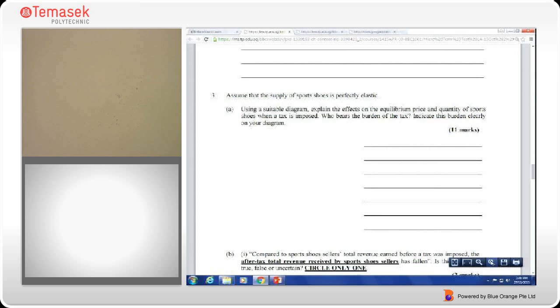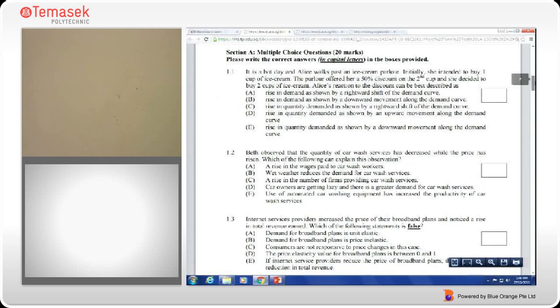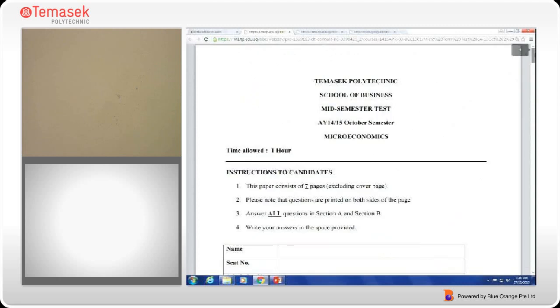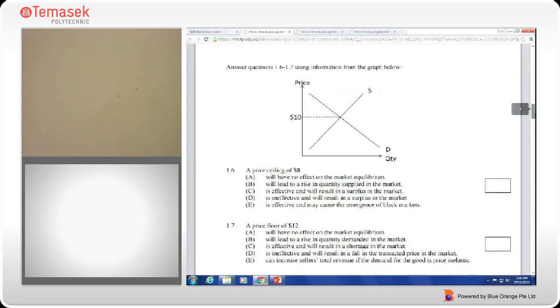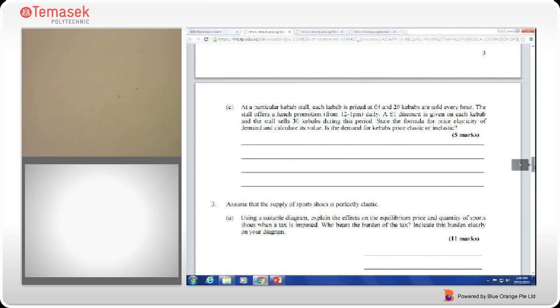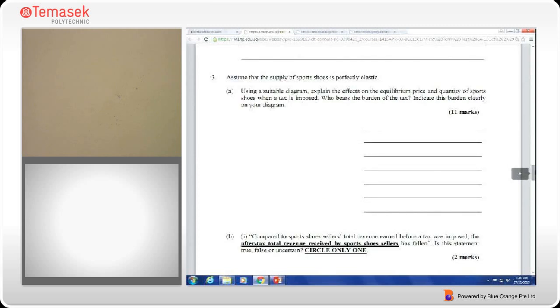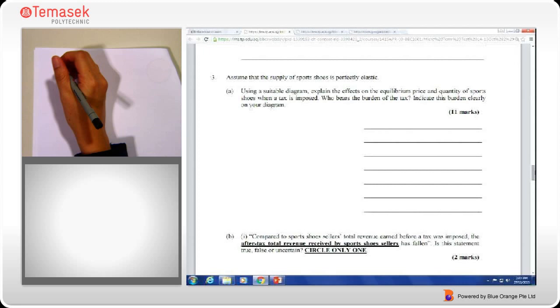This is from the 14-15 October semester test paper. Question 3A says, assume the supply of sports shoes is perfectly elastic. This is an extreme case because of the words perfectly elastic.